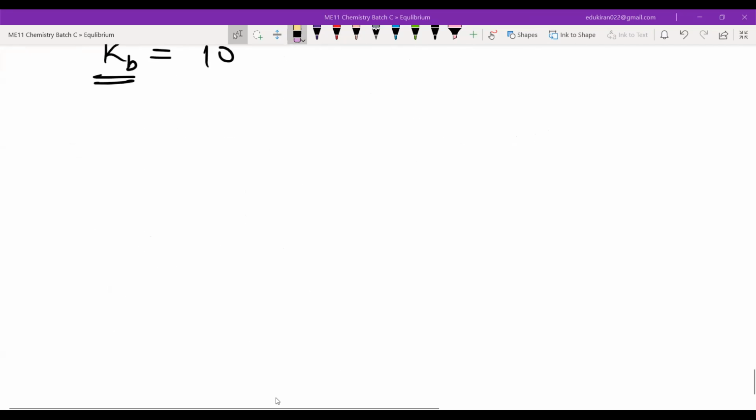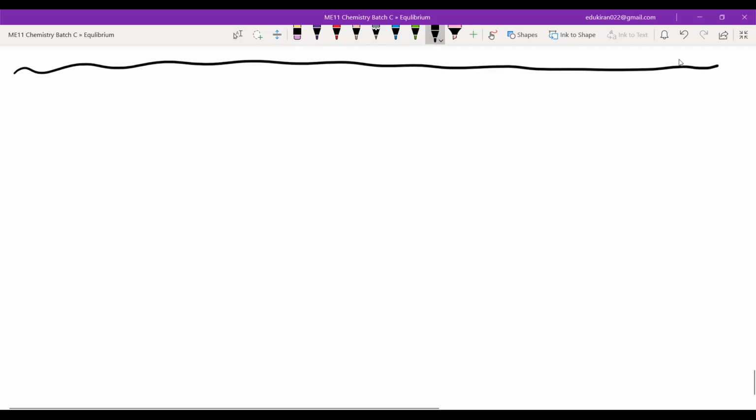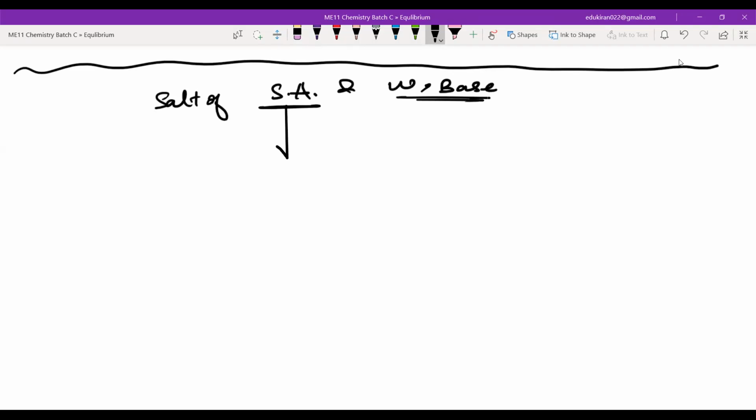So look, by salt hydrolysis we know that if I have a salt of strong acid and weak base, then from the strong acid I will get the conjugate base, and from the weak base I will get the conjugate acid.